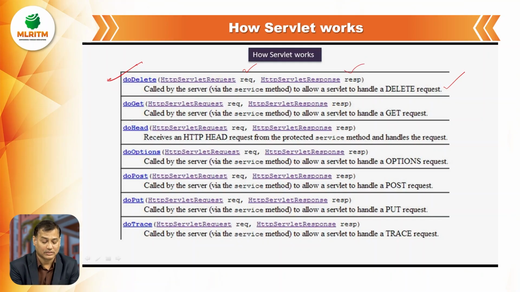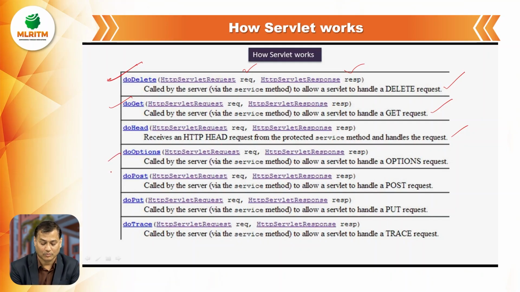In the same way, the doGet method is called by the server to allow a servlet to handle the get request. Similarly, the doHead method receives an HTTP head request from the protected service method and handles it.